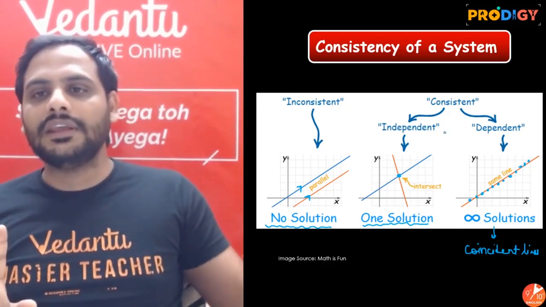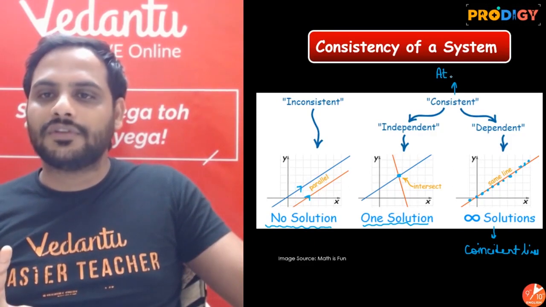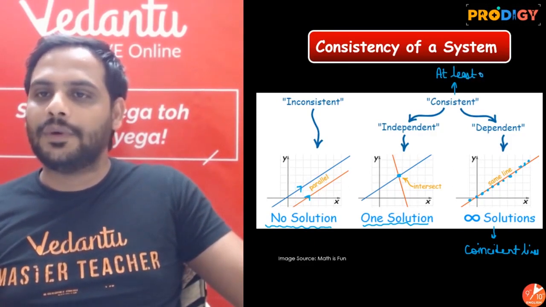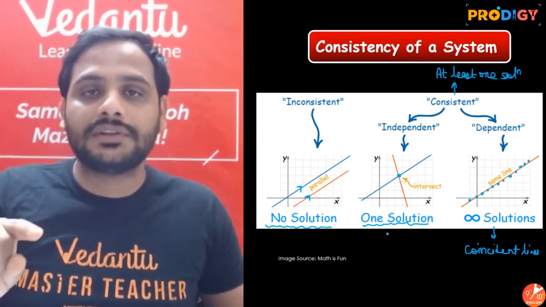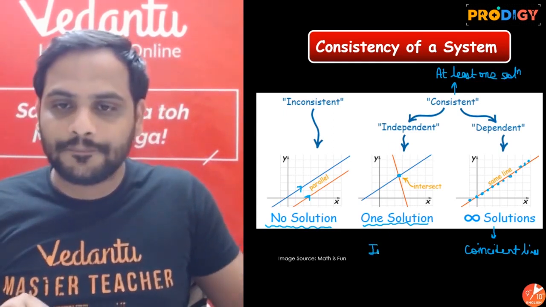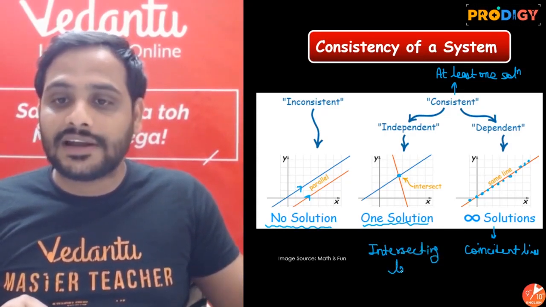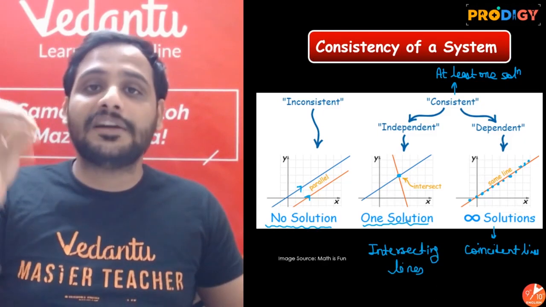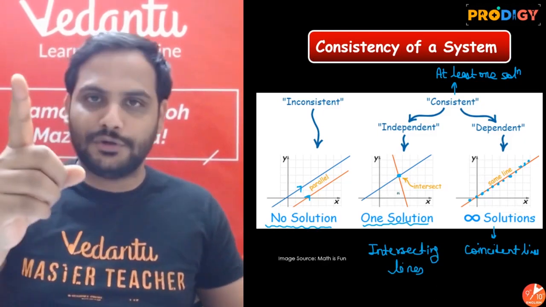Now, a consistent system, beta, means at least one solution. Remember, guys, both intersecting lines as well as coincident lines come under a consistent pair or consistent system, because in both these cases we get a solution.